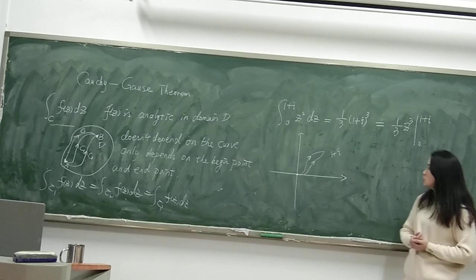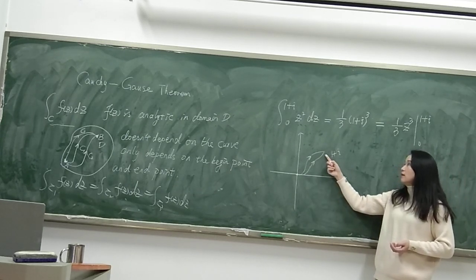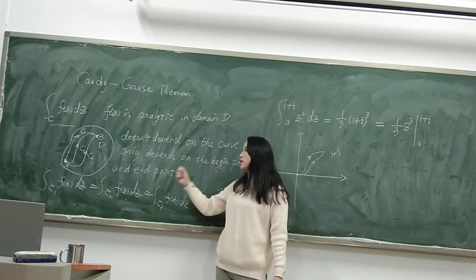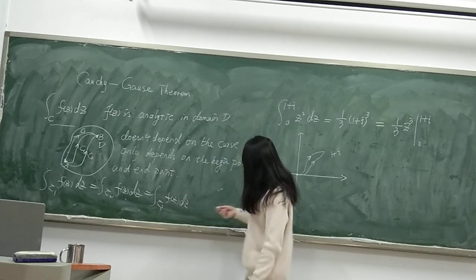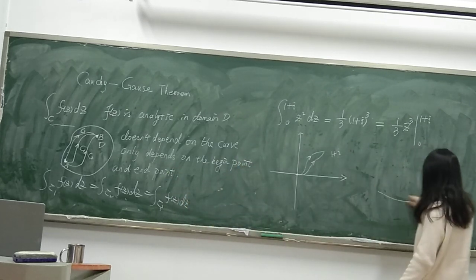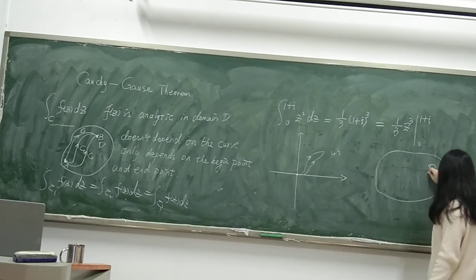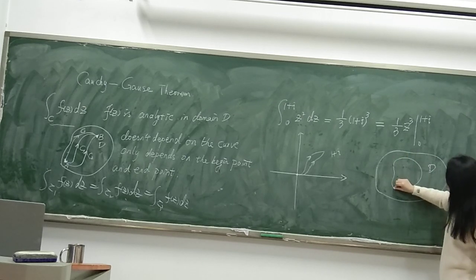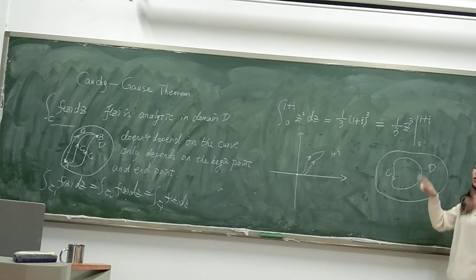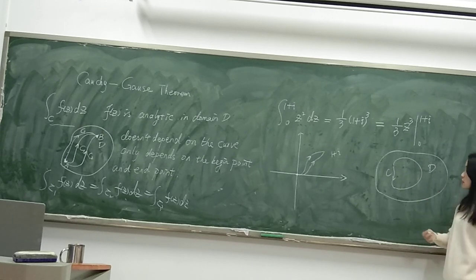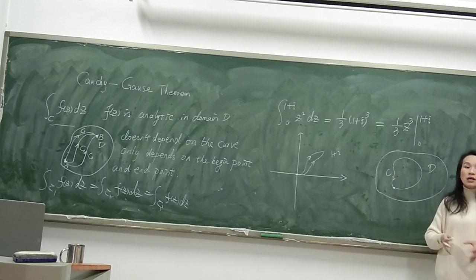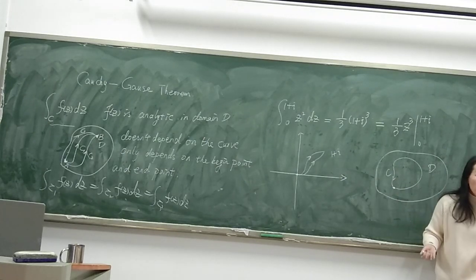Okay, if f(z) is analytic and this C is open, this integral doesn't depend on the curve, only on the beginning point and the end point. But if this C is not open, if this is a domain D, and there is a curve, but this curve is closed, this is the beginning point, from here to here, so the end point and the beginning point are the same point.